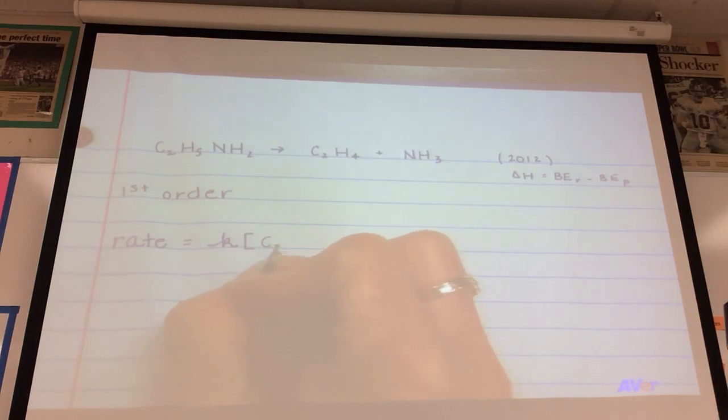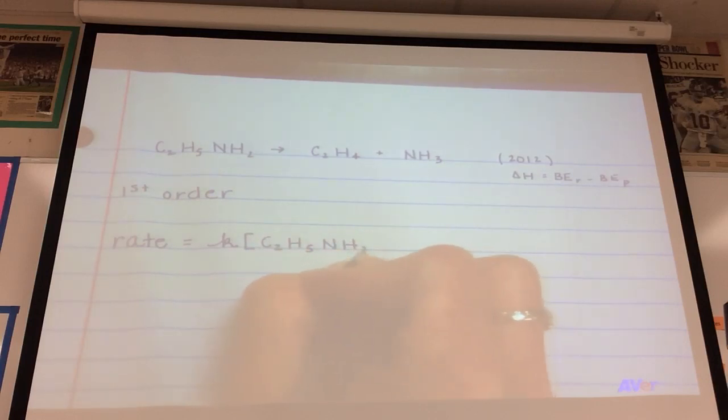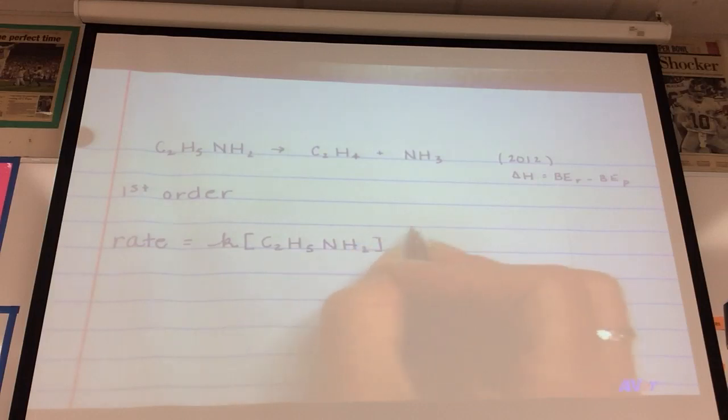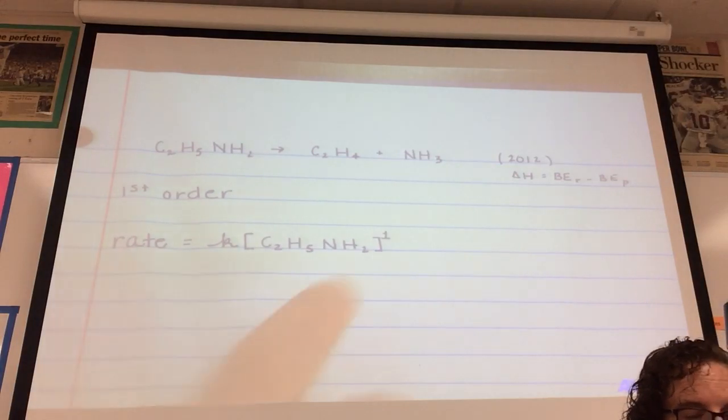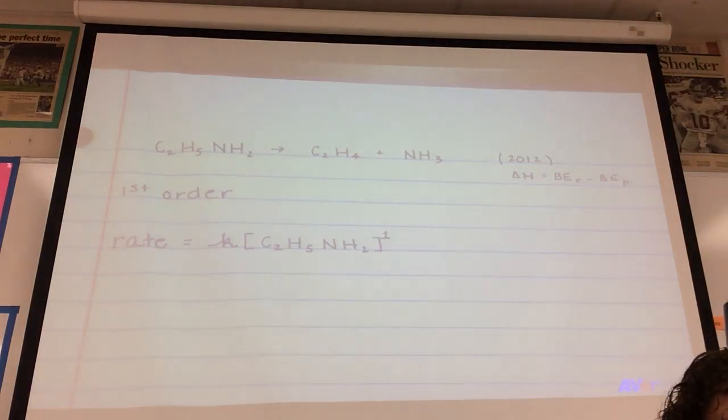It better be reactant, raised to what power? The first, because it's first order. You wouldn't have to put the 1. So that would get you a point right there, if that's what was asked.